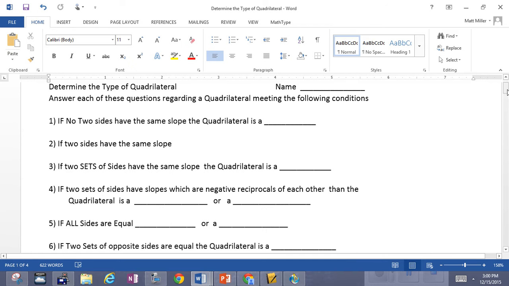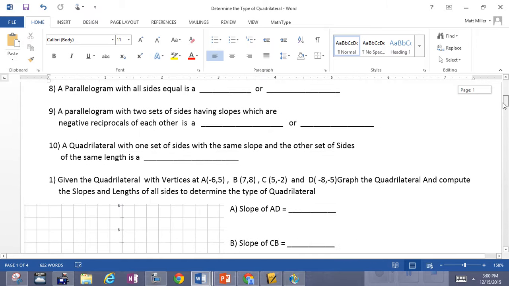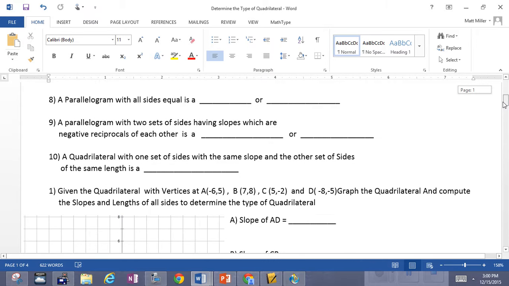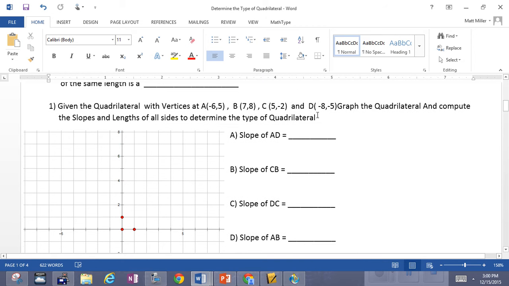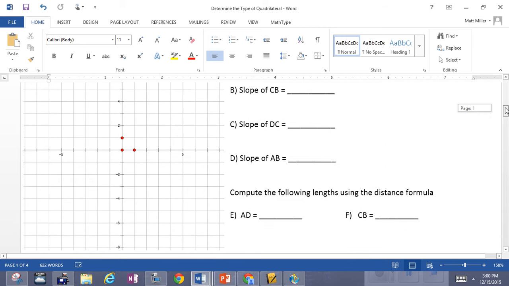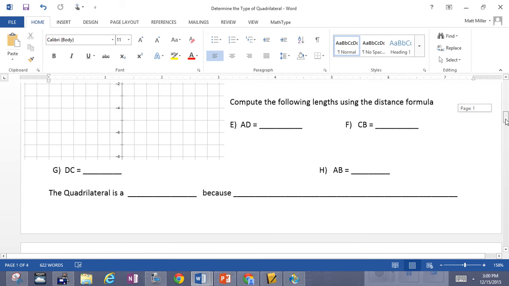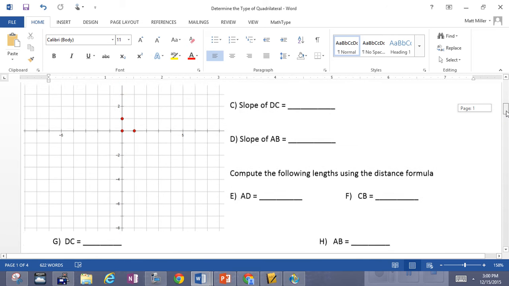So I'm going to offer you these questions initially, and, okay, for you to think about. Then I'm going to have you go through and do these exercises, okay? And then based on your findings there, determine what type of quadrilateral it is and why, okay?